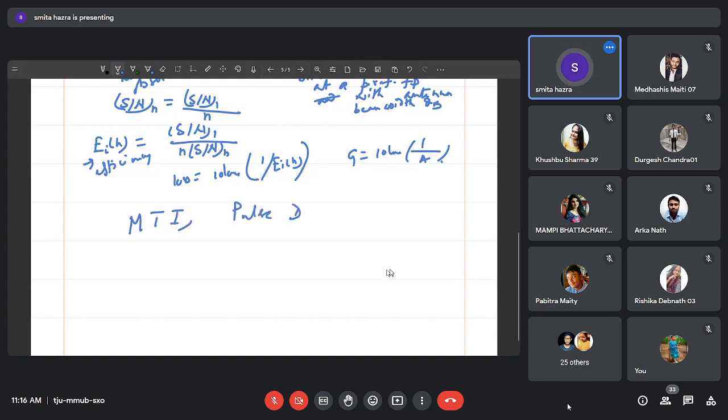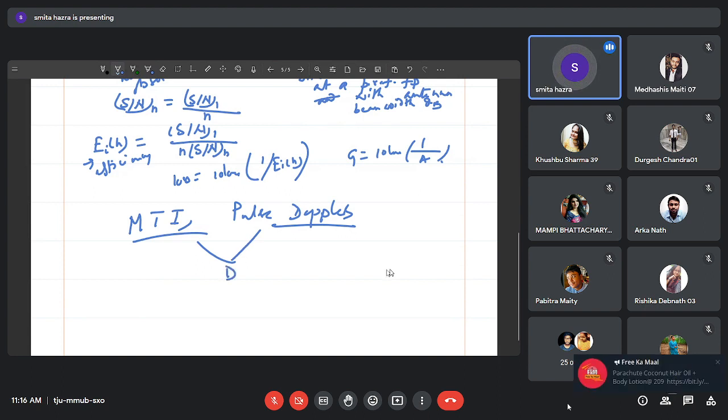We are using two titles here because both MTI and pulse Doppler radar are based on Doppler operation or the Doppler principle. The full form of MTI is moving target indicator, moving target indication. Pulse Doppler is also used to indicate movement.